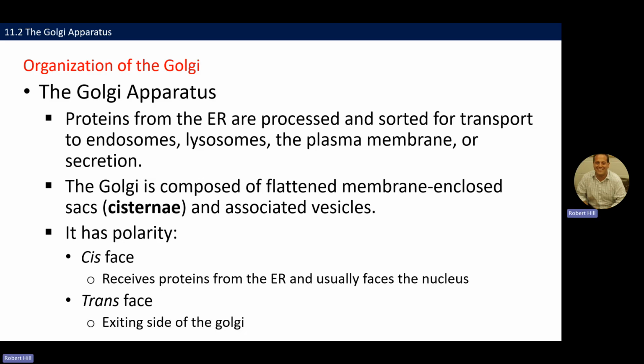It's also a place for fine tuning of proteins, particularly glycosylated proteins. There are many, many enzymes in the Golgi responsible for manipulating sugar groups on proteins to have them function correctly.